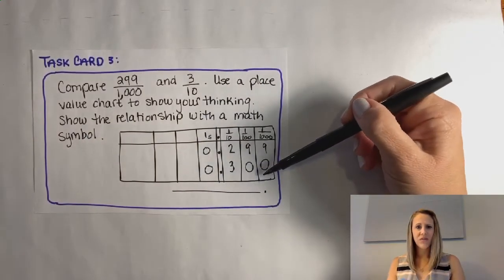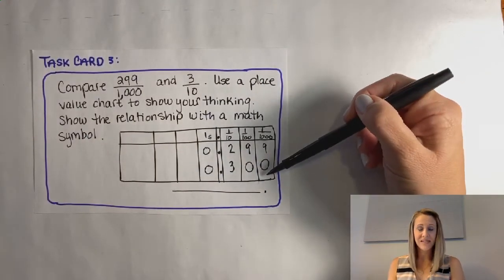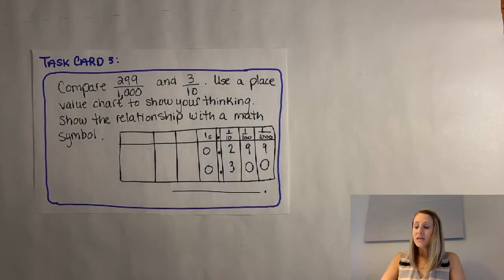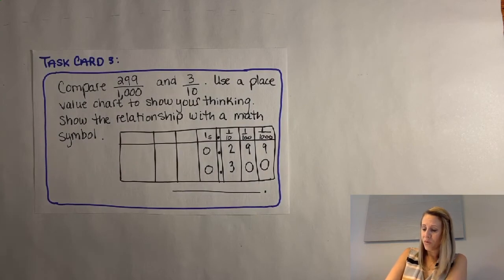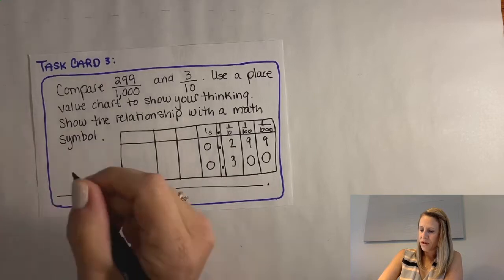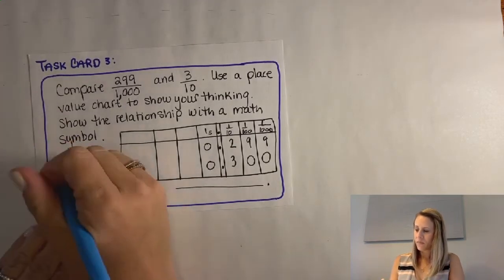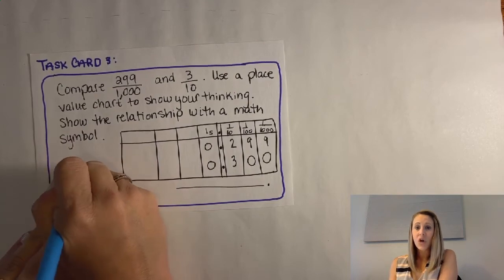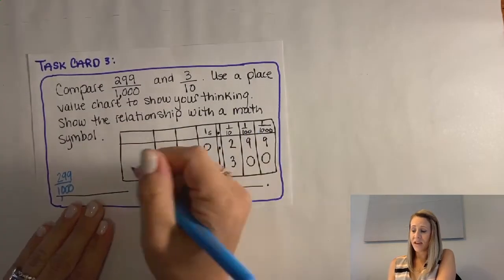What did you do to write this with a math symbol? Some people might have kept the original problem with 299 thousandths and 3/10. And is 299 thousandths less than or greater than 3/10?